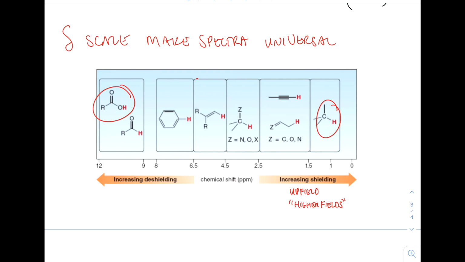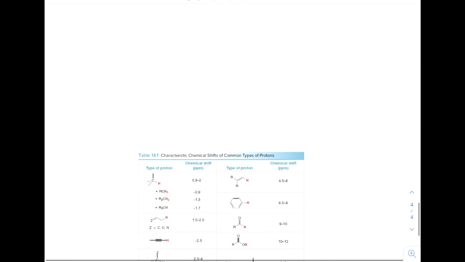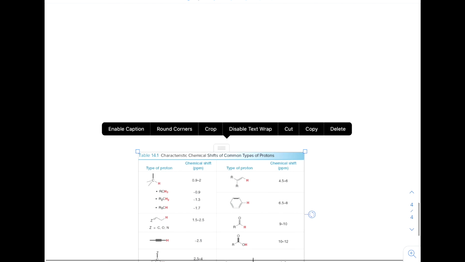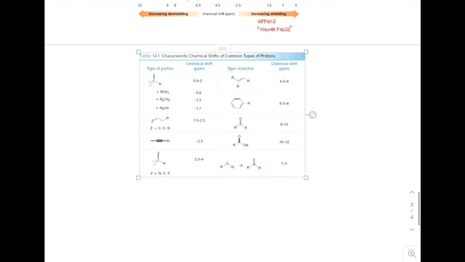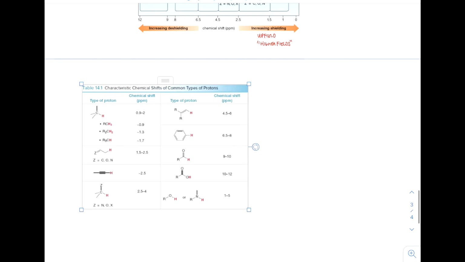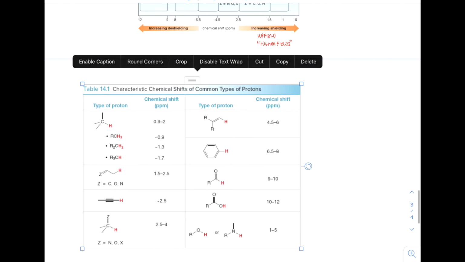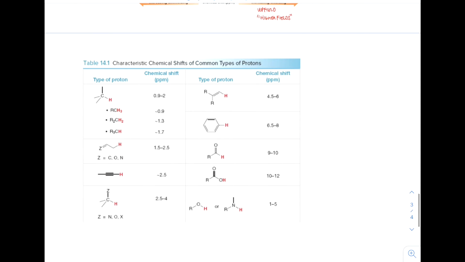Okay, and now an even better example of the chemical shifts would be something in this chart. So let's move that up here. Let me make it a little bit bigger. All right, so really what we're looking at is we have an sp3 hybridized carbon with a hydrogen on it.